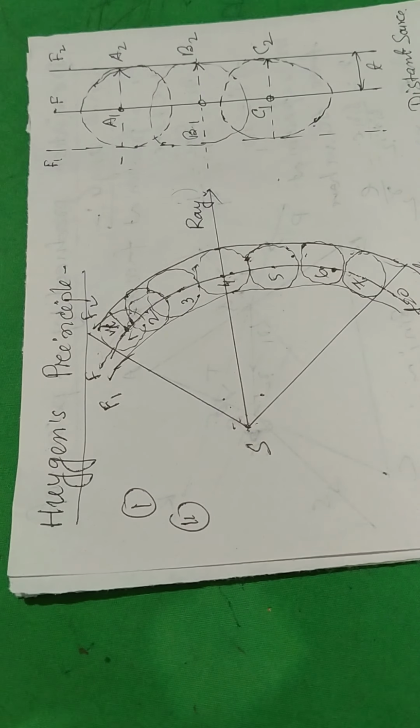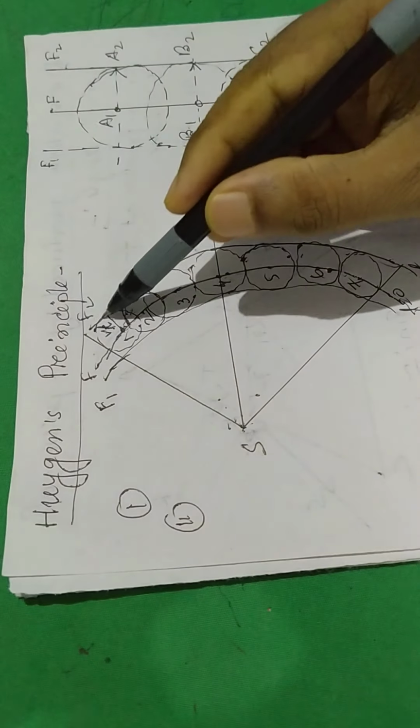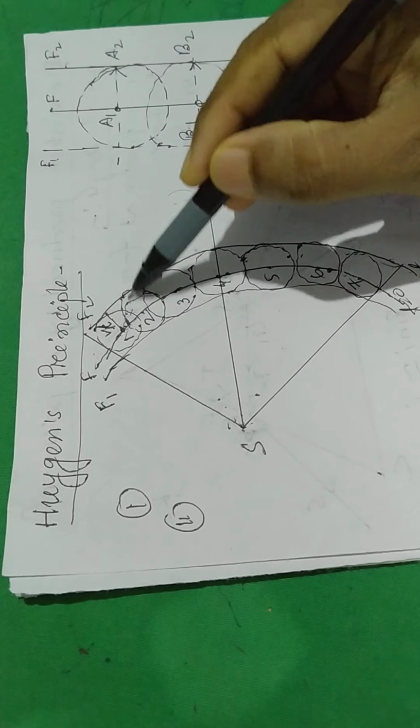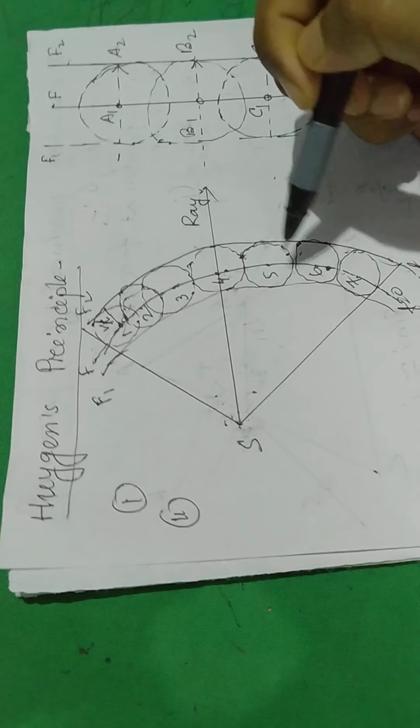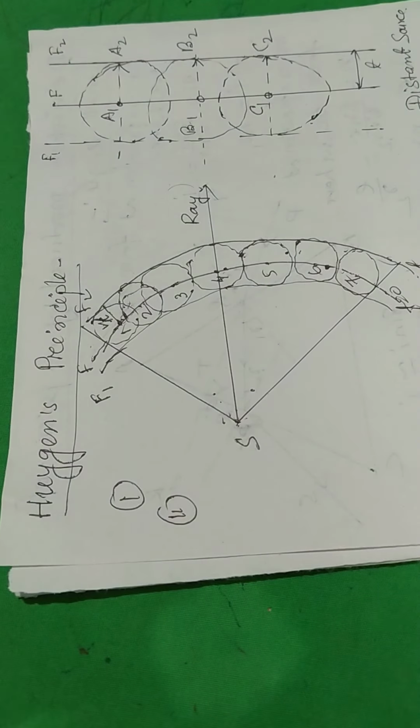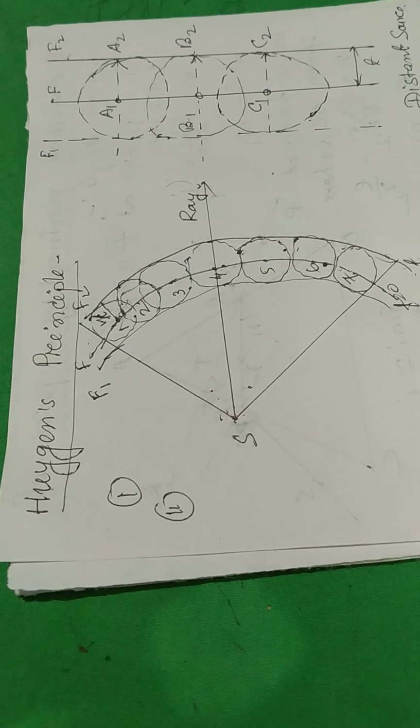Every point on the wavefront is a source of new disturbance which produces secondary wavelets. These are called secondary wavelets. These secondary wavelets are spherical and travel with the speed of light in all directions in that medium.